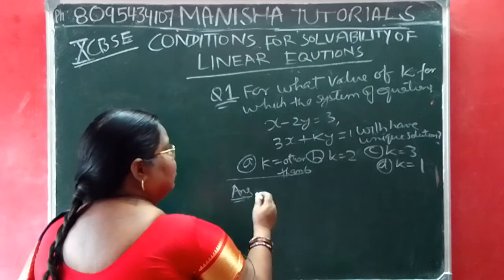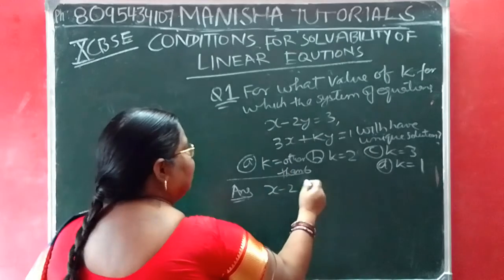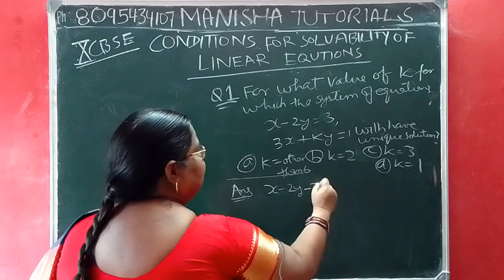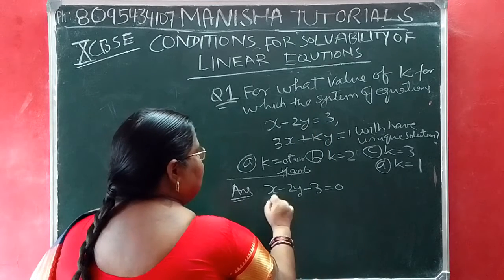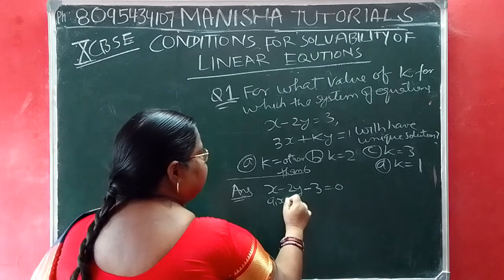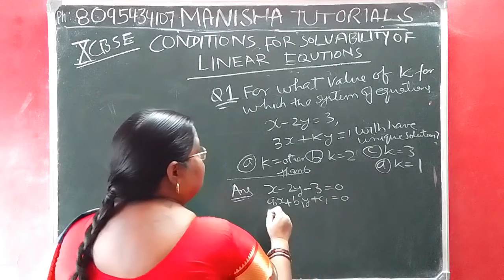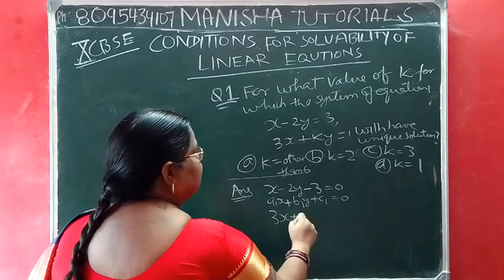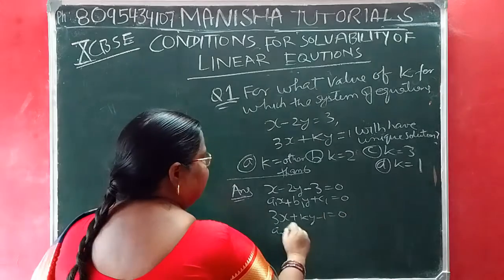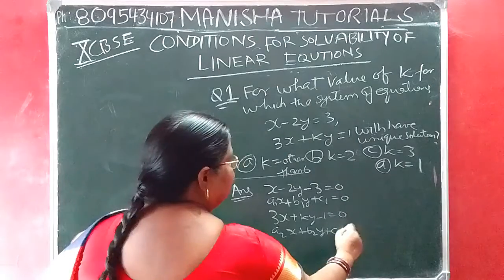First of all, we will write both equations in the form ax plus by plus c. Bring everything to the left side, minus 3 is equal to 0. Compare it with a1x plus b1y plus c1 is equal to 0. Second equation: 3x plus ky minus 1 is equal to 0. Compare it with a2x plus b2y plus c2 is equal to 0.